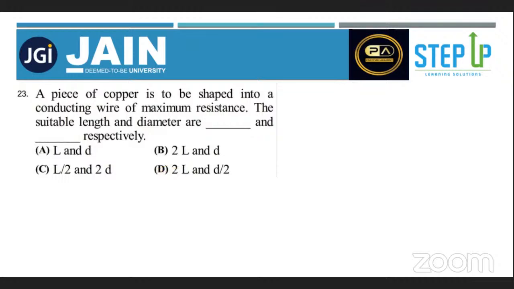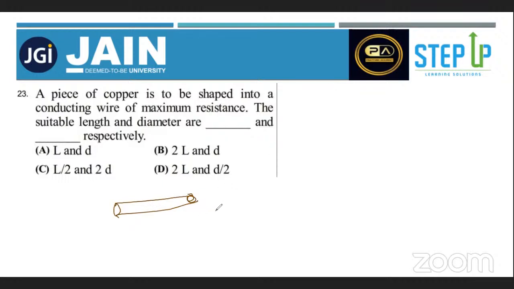Sir, what does it mean by maximum resistance? The definition of resistance is how much it will resist the flow of current. If I have a longer conductor, the free electrons have to travel more distance.